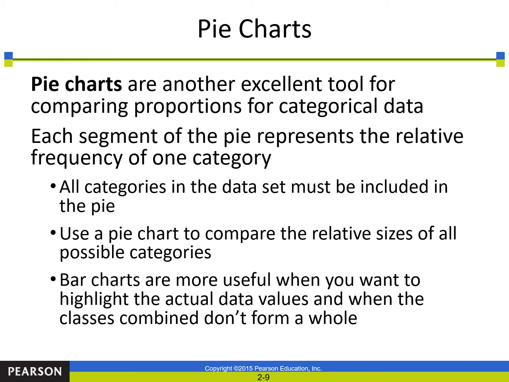We use a pie chart to compare the relative sizes of your possible categories. So this is just a visual tool to see how your categories compare one to another. And bar charts in general are more useful when you want to highlight something important about your data.